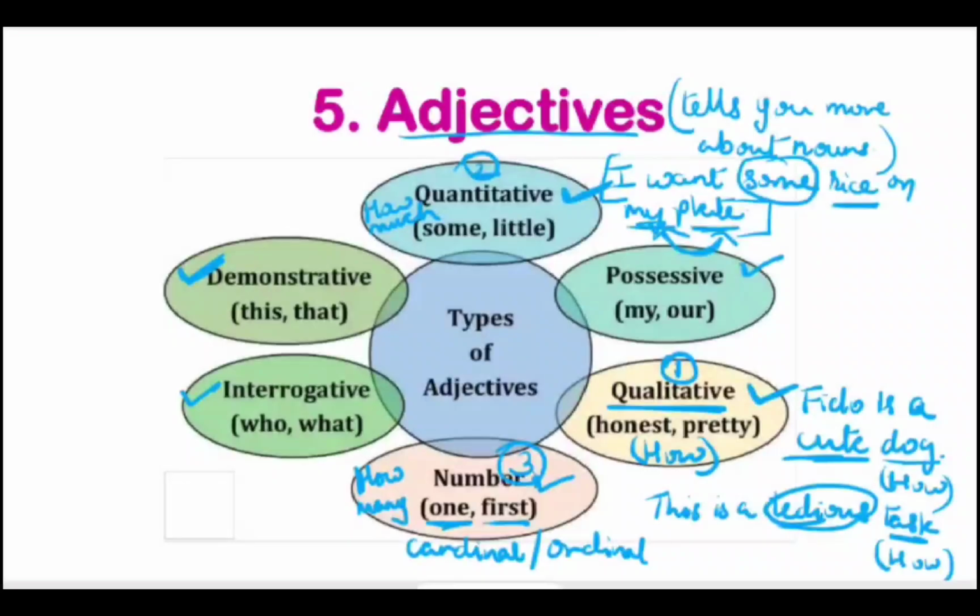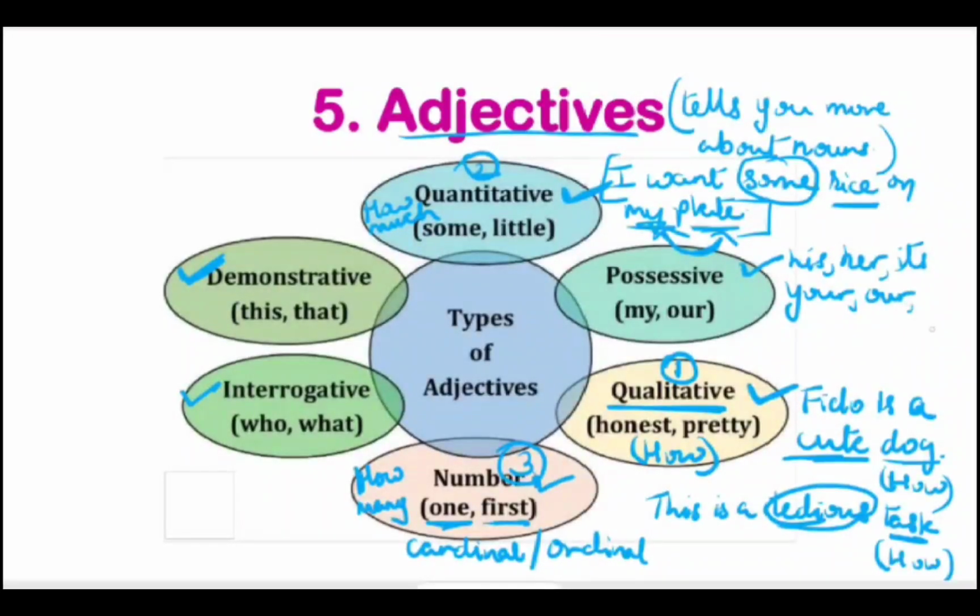Hence my will be a possessive adjective. Let's look at the list. For he, it will be his plate. For she, her plate. For it, its plate. You, your plate.